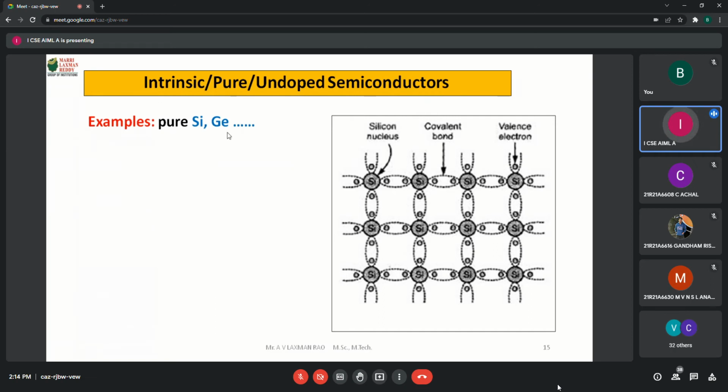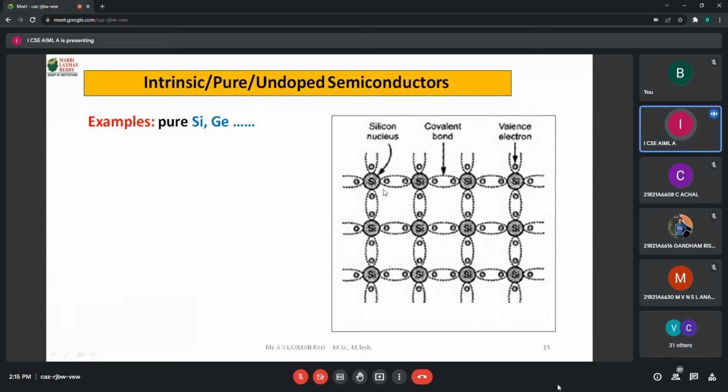They are tetravalent: silicon or germanium has four valence electrons in the outermost orbit. Silicon to silicon bonding is present, that is why we get a solid here. All atoms form bonding with each other, and that is what we call covalent bonding.